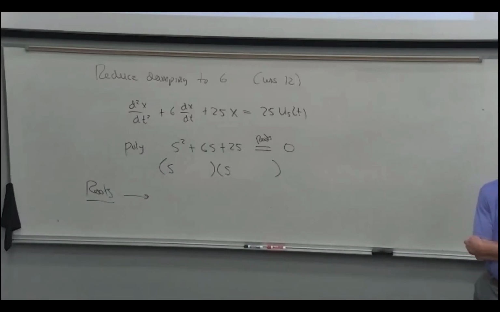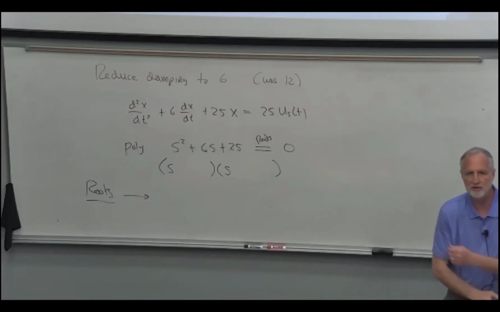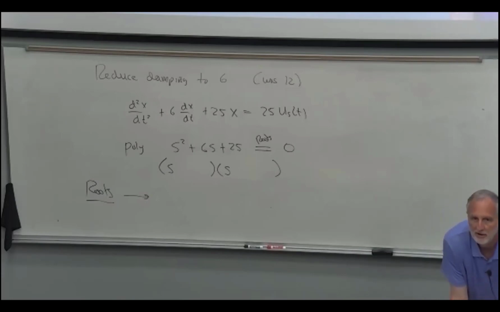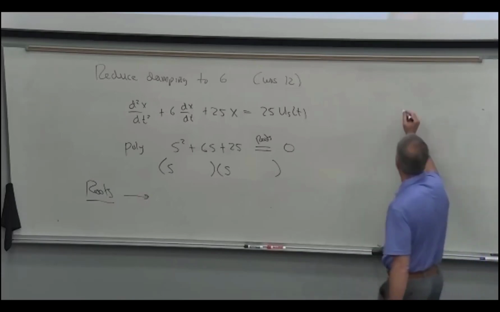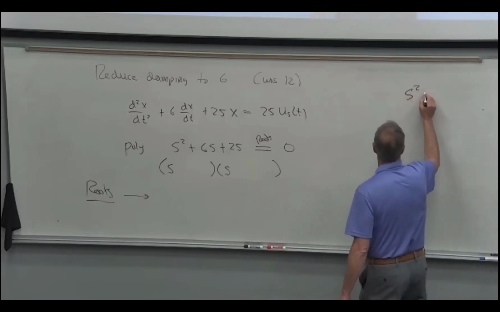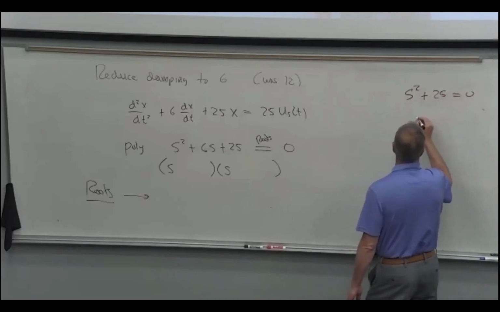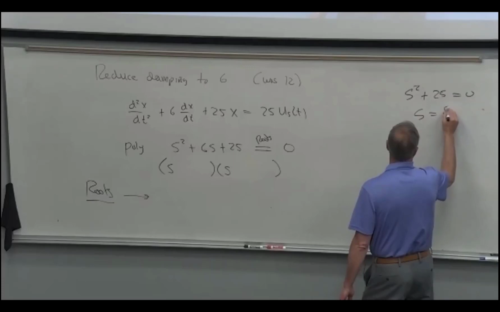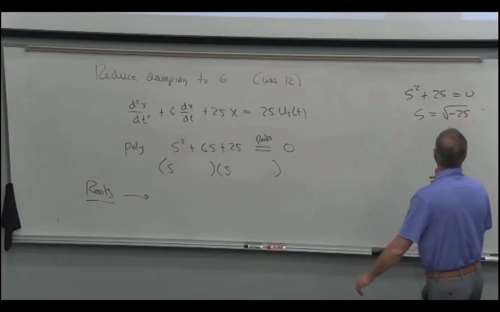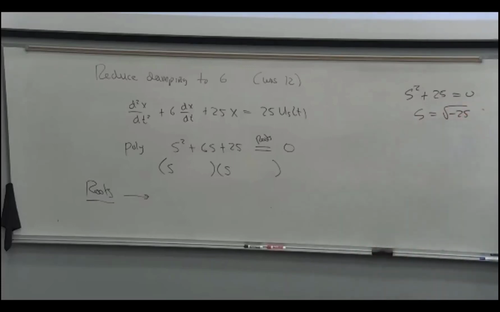Yeah, that's fine. Because polynomials can have imaginary parts, right? Like if we have s squared plus 25, you get square root of negative 25, right? So you get, did I do that right? Yeah, go over the other side is minus, so you get plus or minus 5i for that. So yeah, it can be real or imaginary or complex.